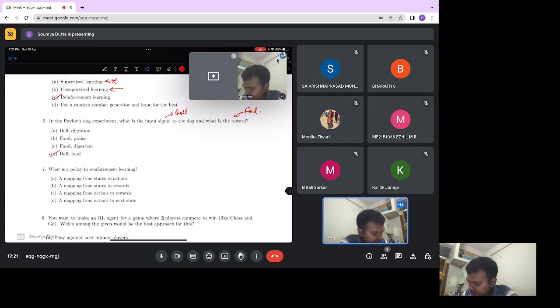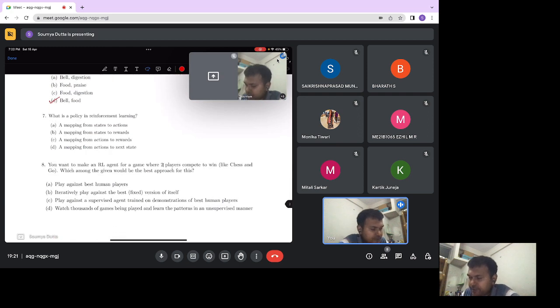What is a policy in reinforcement learning? So reinforcement learning, if you think of it in a very broad sense, it is like you have particular states where you can be at any one point of time, and the action that you do to go to the next state. So this is, let's say, at time t1, and this is at time t1 plus 1.